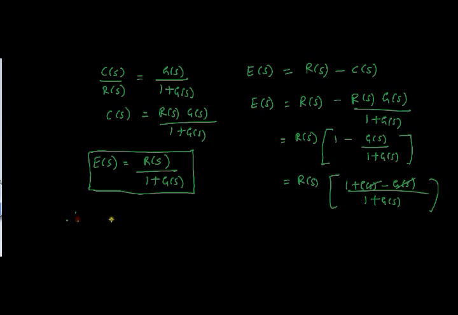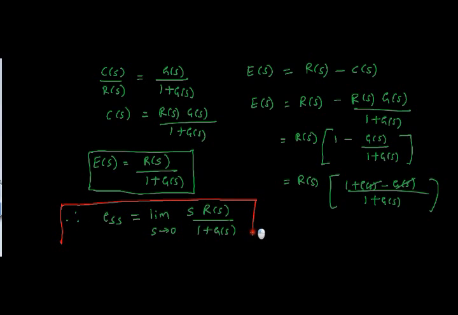So my steady state error formula now becomes, in the s domain, everything on the right hand side being in the s domain: limit s tends to 0 of s times E(s), so instead of E(s) we replace it with R(s) upon 1 plus G(s), that is, s R(s) upon 1 plus G(s). This is a very important formula for steady state error.